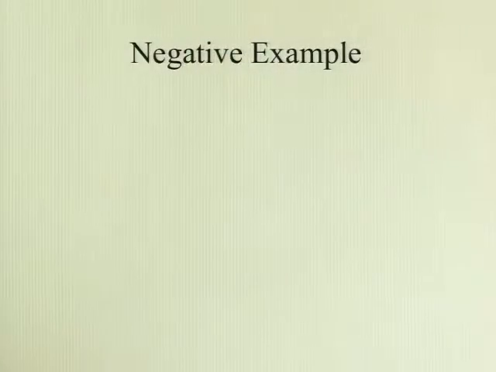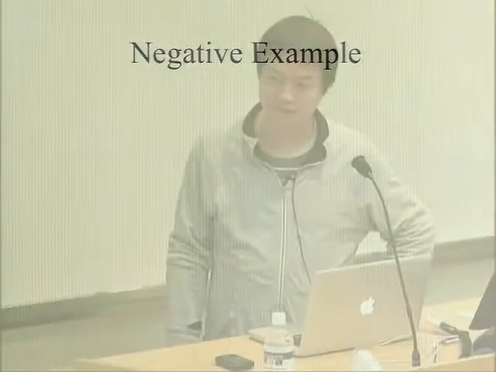Okay. So just to give you some sense of the non-malleable extractor, here's a negative example. Consider this extractor, which is just the inner product. You take a source X and an independent seed Y. Here this Y has the same length as the source. And you just take the inner product over the field F2.